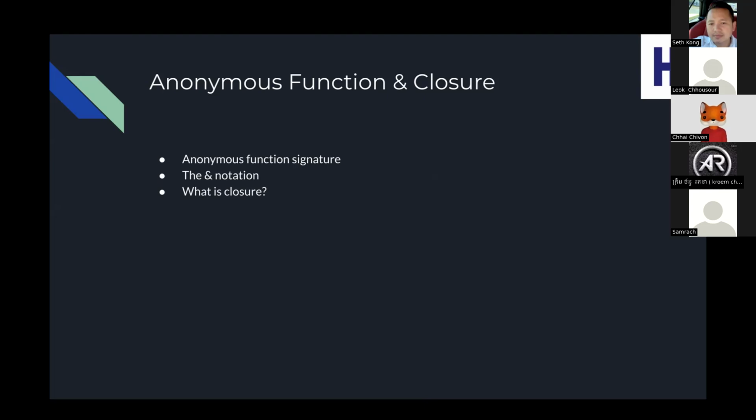You can call it an anonymous function or lambda function. And we can take a look at the end notation, and discuss what a closure is and why we are using it.